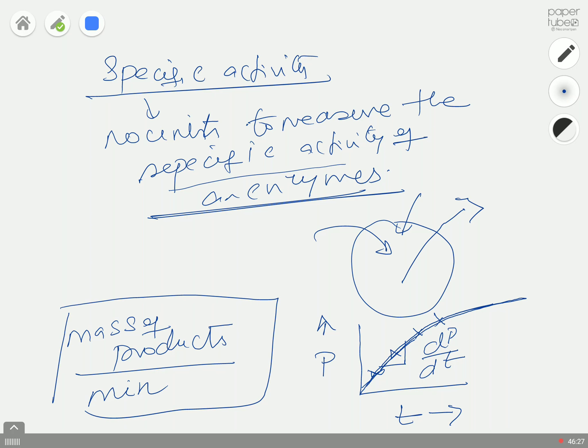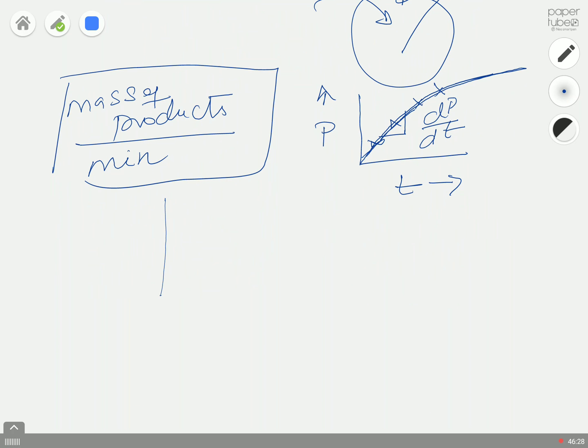So just imagine you start an experiment, time versus your product. Your product concentration is going to increase with respect to time, and you do another experiment and your product concentration is going to increase, and just imagine you do another experiment and your product concentration goes in this pattern.